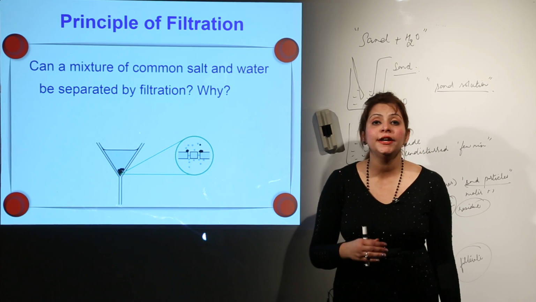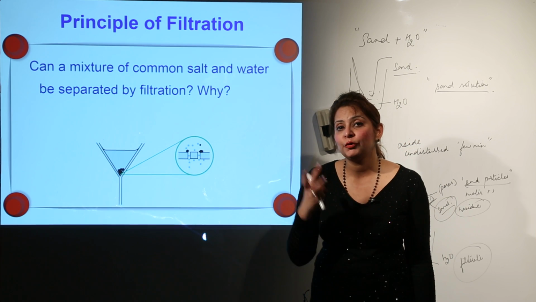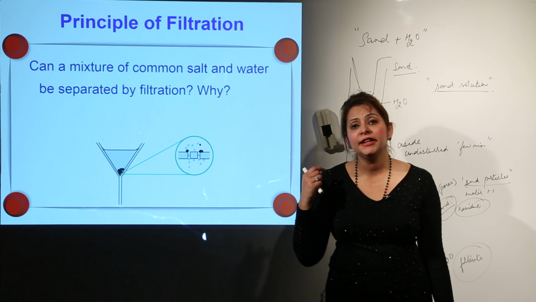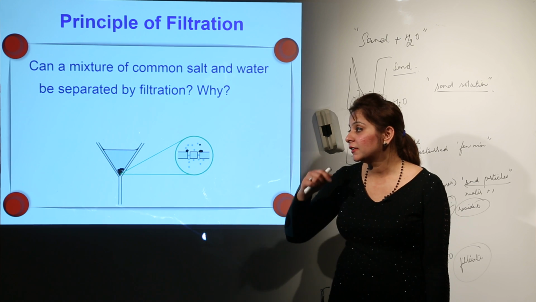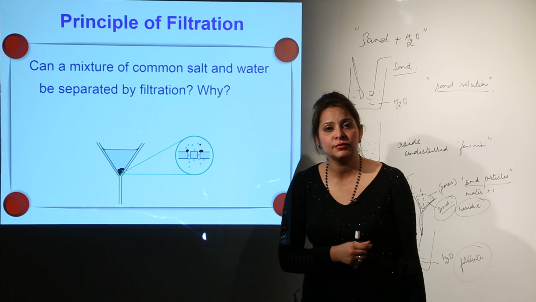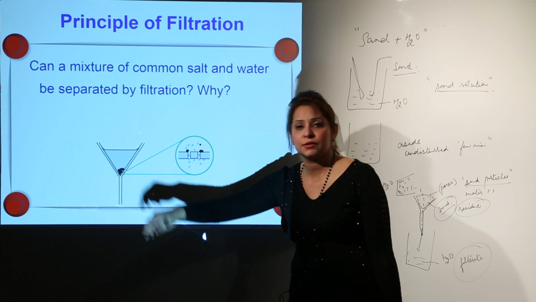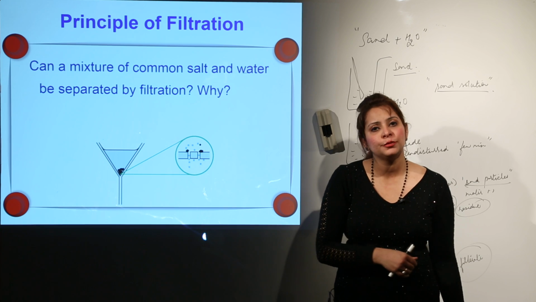No, they are not going to be separated. The reason is that we have three kinds of solution: true solution, suspension and colloids. In a true solution, the solute particles are too small, so they do not get stopped by the filter paper pores, and they pass along with the liquid molecules.